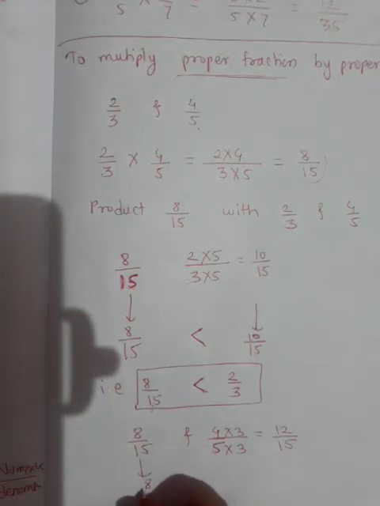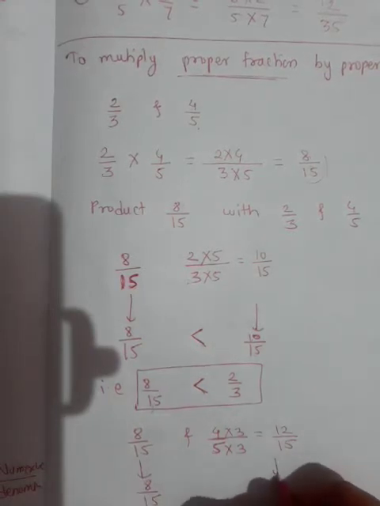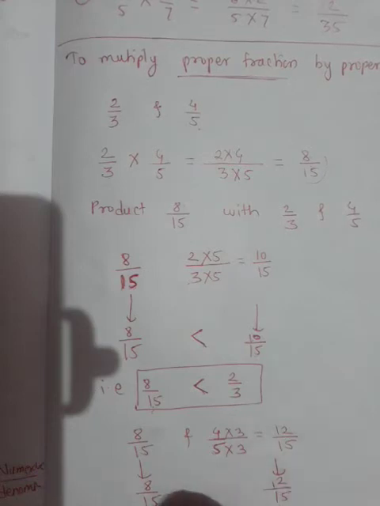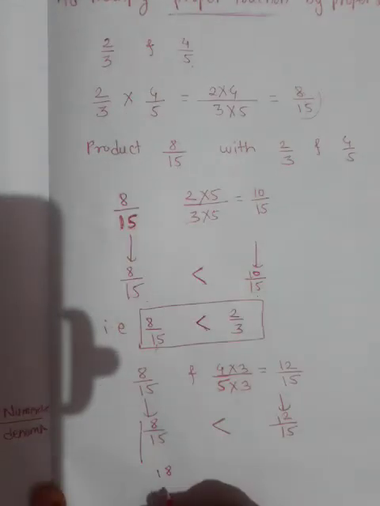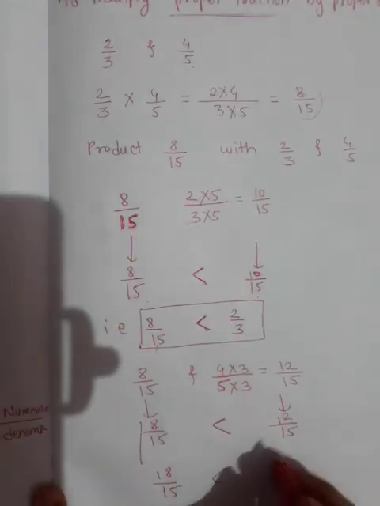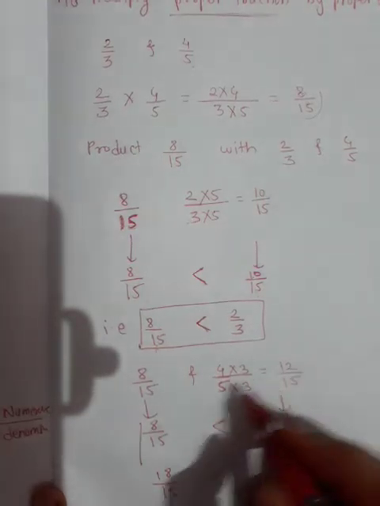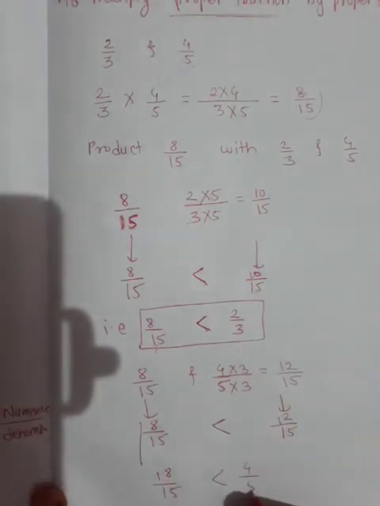That is 8 by 15, and this is 12 by 15. See, denominators are the same and this 8 is less than 12, therefore 8 upon 15 is less than 12 by 15, which is nothing but 4 by 5.